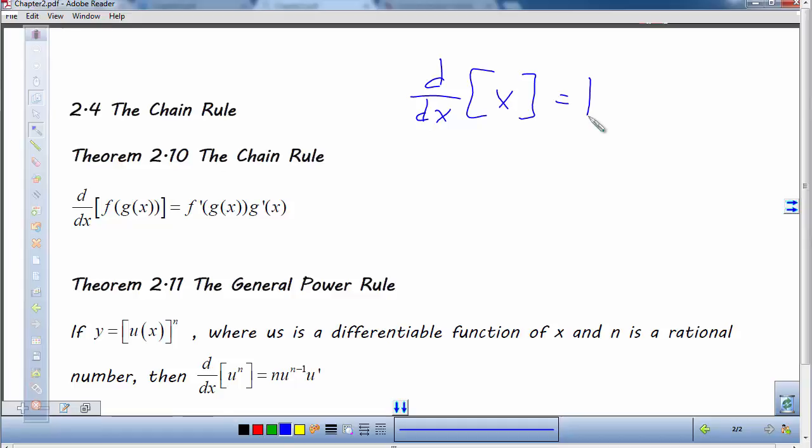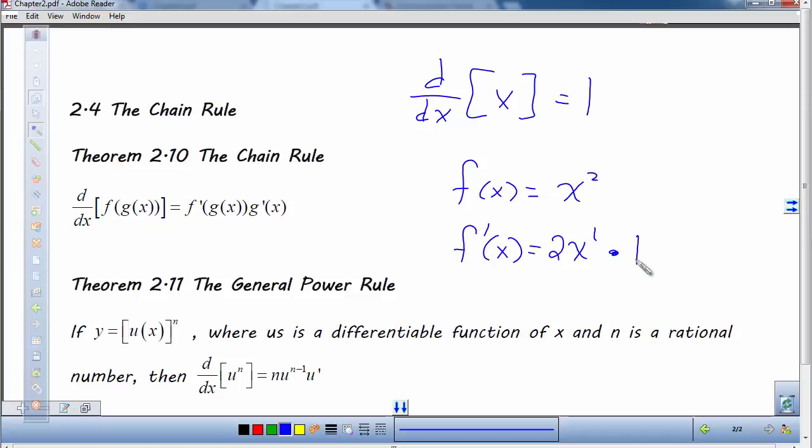So if I had f of x equals x squared, then f prime of x, I deal with the exponent first by bringing it out front, right? And then we didn't have to write it down, but the derivative of x is 1. So we've been doing this already, okay?